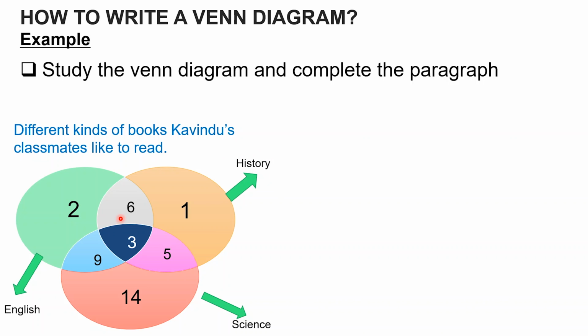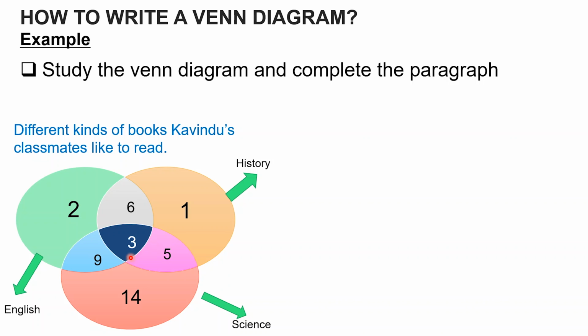Now see the overlapping areas. 6 students like to read both English and history books. 5 students like to read both science and history books and 9 students like to read both English and science books.